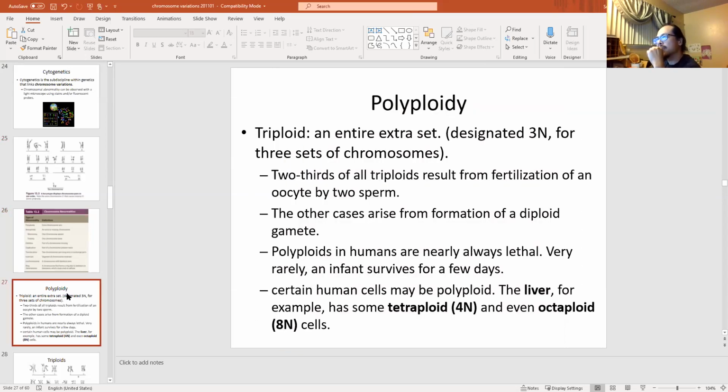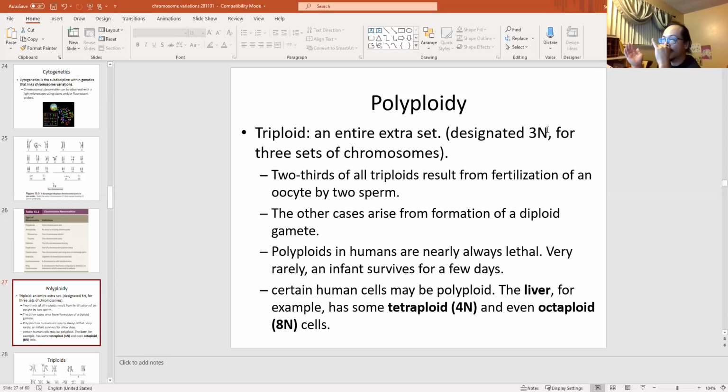This is the polyploid. The polyploid is an extra set. So it will become 3n. N is 23. N is the number, right? So typically cells have 2n, not n times 2.